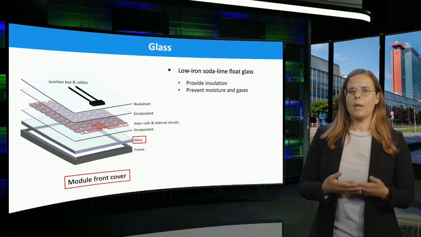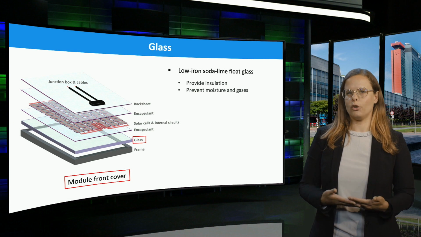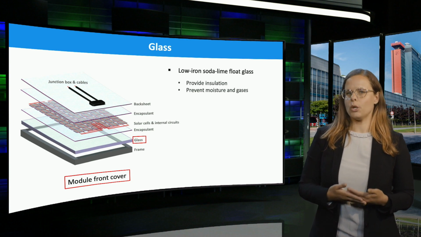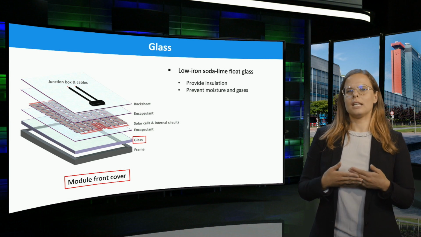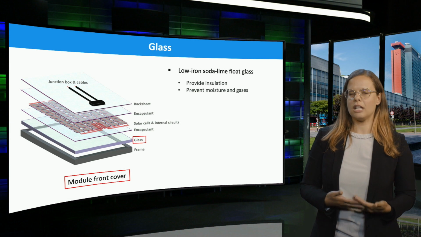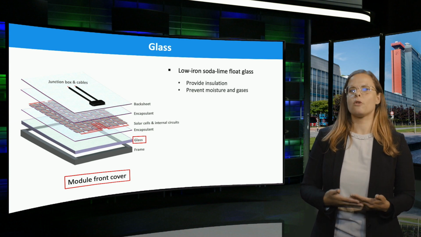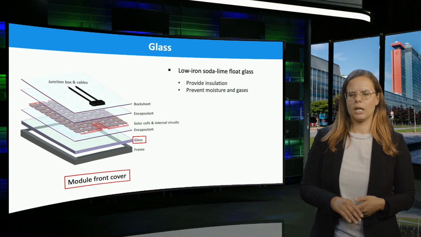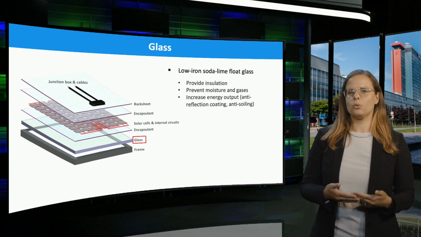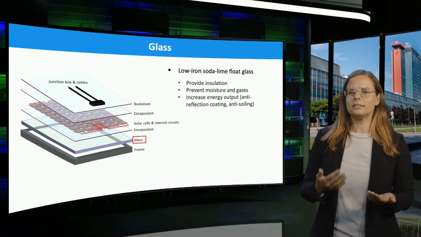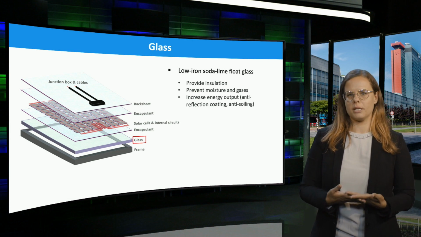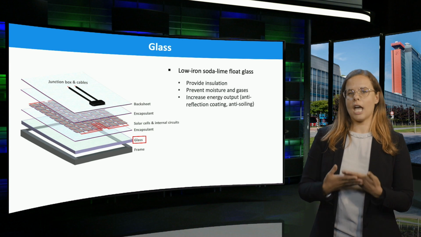The glass acts as a module front cover. Low iron soda lime glass is commonly used. It is highly transparent, provides electrical insulation, and prevents moisture and gas from entering the module. In addition, PV glass is sometimes coated with anti-reflection or anti-soiling layers to improve the overall module performance, so increase energy output.